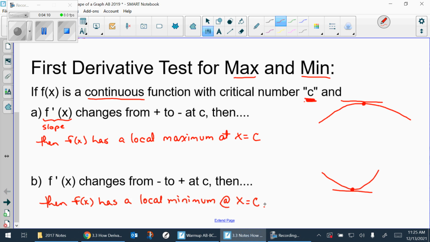So that's how we're going to explain how we find maximums and minimums without a calculator. We're going to find those critical numbers and we're going to test using sign charts whether the derivative is positive or negative leading up to those critical values.